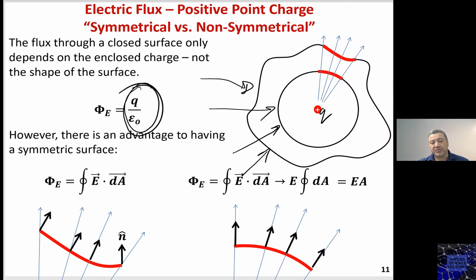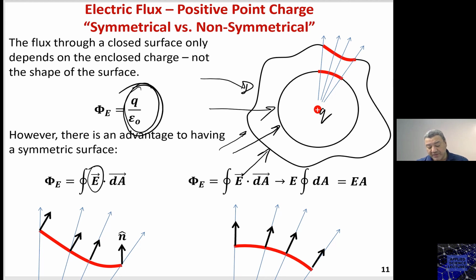So the only difference is when it comes to calculating the electric field. For the arbitrary shaped closed surface, I cannot take the electric field outside the integration. Why? Because the electric field is not uniform all over the surface.